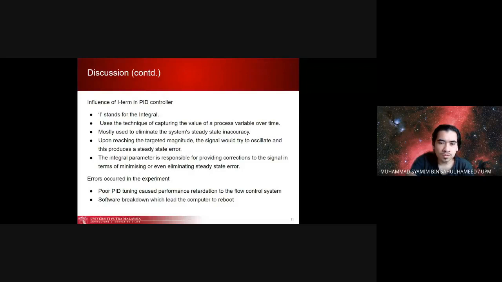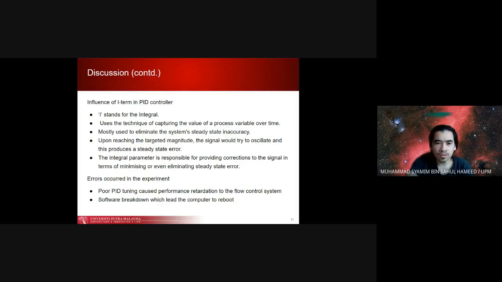Next, we're going to discuss the influence of the I term in the PID controller, as we are only manipulating the value of the integral. I stands for integral, and it uses the technique of capturing the value of the process variable over time, and it is mostly used to eliminate the system's steady state inaccuracy.